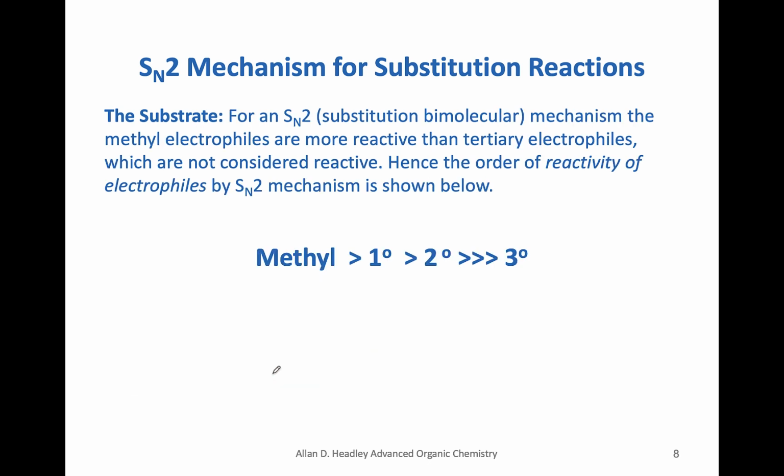So the order of reactivity for the SN2 reactions, or the bimolecular, is that the methyl is much more reactive than the primary and secondary, and we often say that the tertiary is so crowded that the nucleophile cannot gain access to the electrophilic carbon and is non-reactive by the SN2 mechanism.